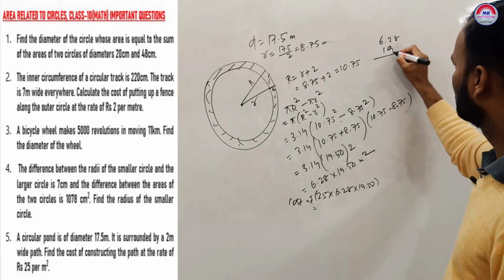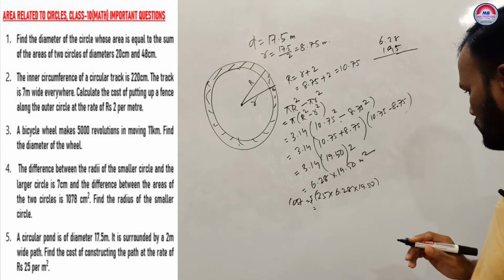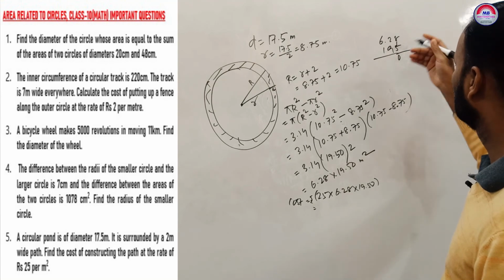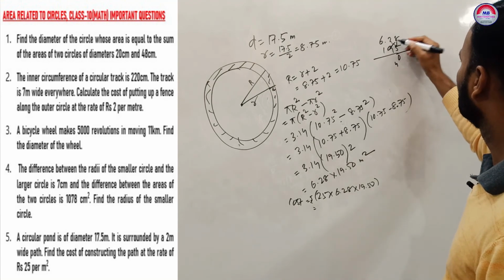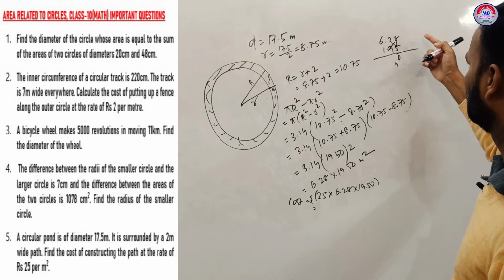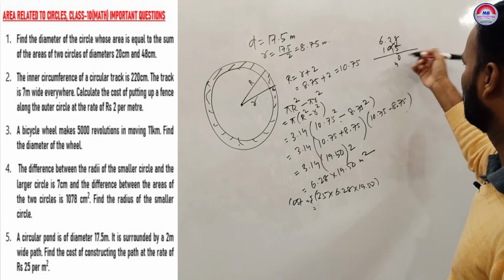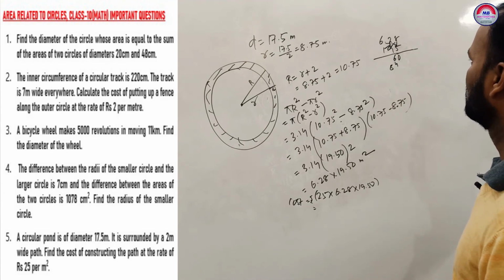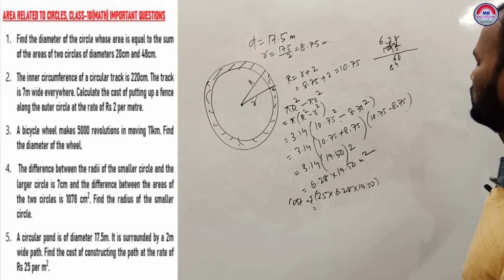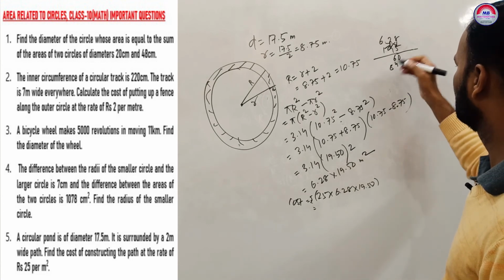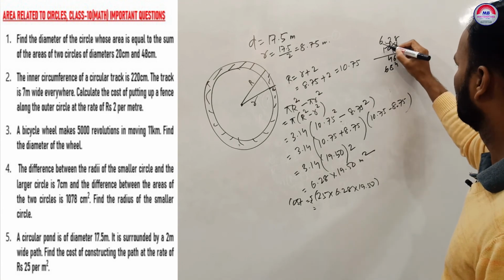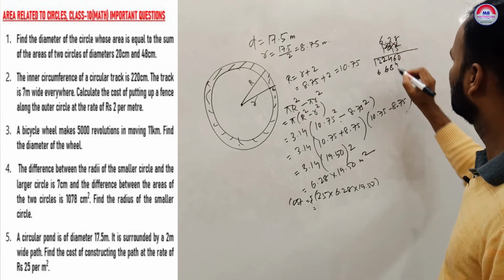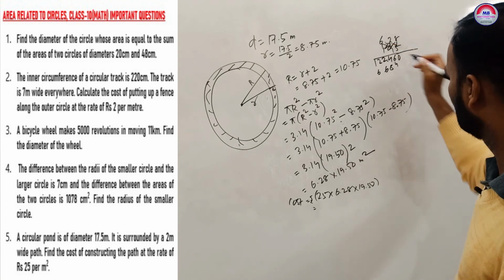Okay, simplify. See, 19.5 if you multiply by 6.28, you get 122.46.